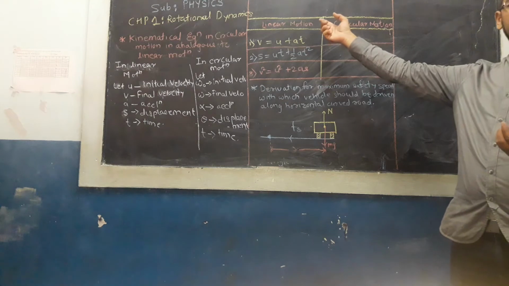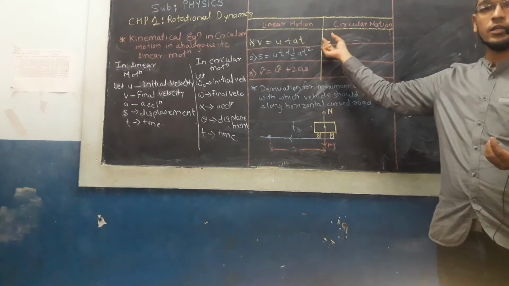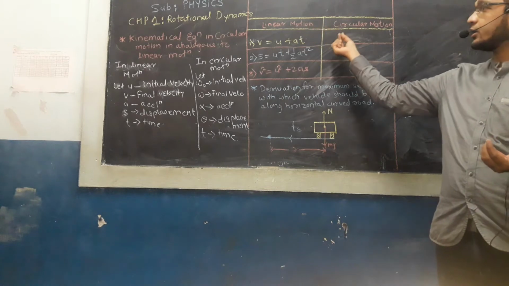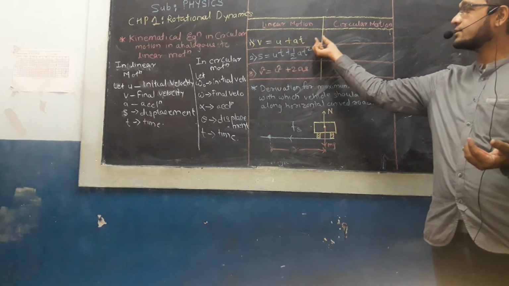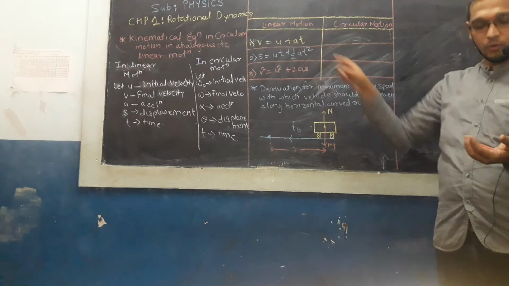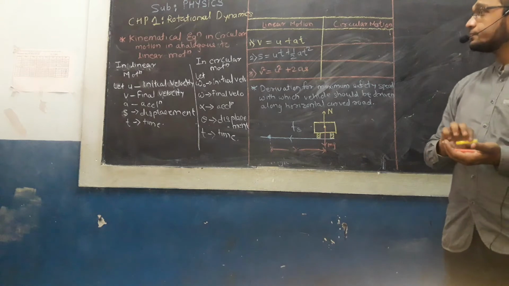So what is the first kinematical equation? v equal to u plus at. Final velocity v is equal to initial velocity plus acceleration into time. If you want to write it for circular motion, what will come?